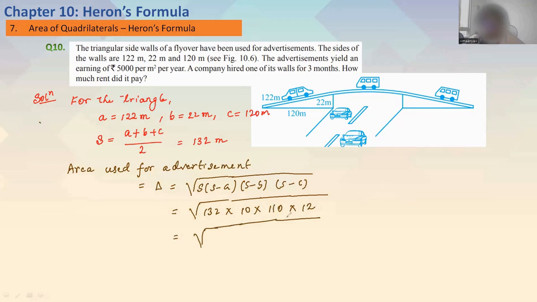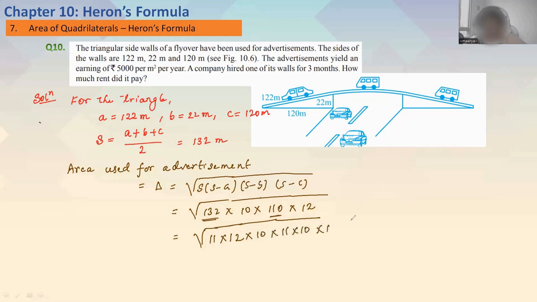For the division, 12 into 11 equals 132, that's what you were saying. Wonderful. And this one has 11 as well, and that is 10 into 10 here. Very good, Manya.